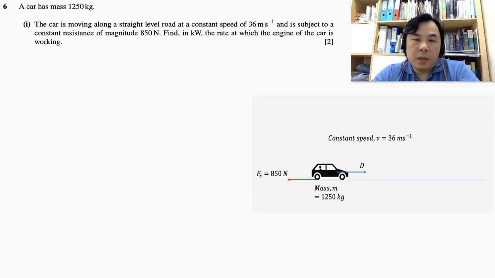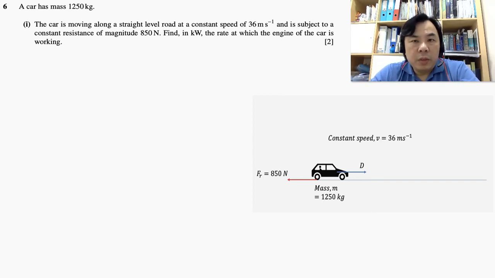Now we need to find, in kilowatts, the rate at which the engine of the car is working. In my diagram, I use D to represent the driving force, not the rate at which the engine is working, but the driving force of the engine itself.